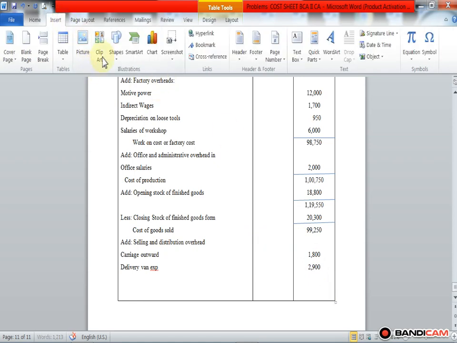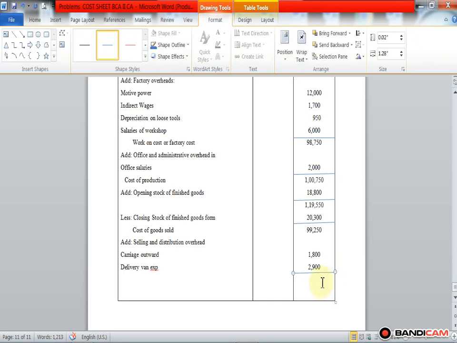Then we get the total cost, or cost of sales. Add these expenses to cost of goods sold.